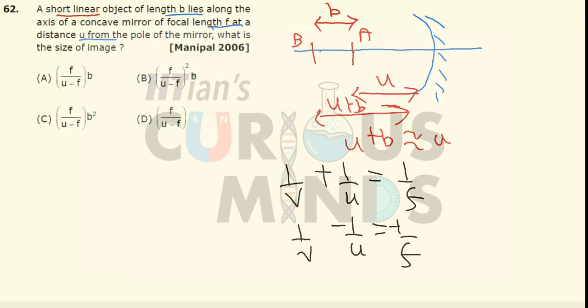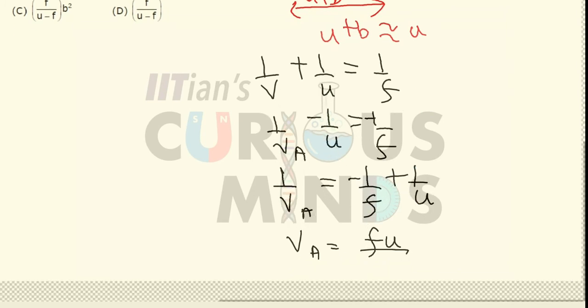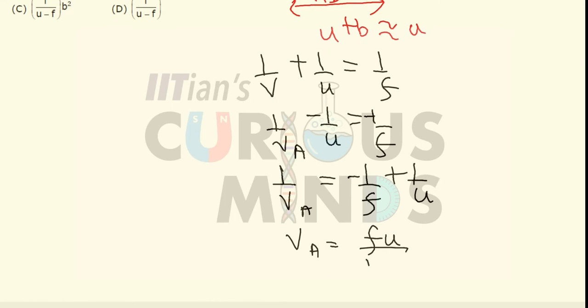So v for the image of a will be equal to minus 1 by f plus 1 by u, which on simplifying gives va equal to f into u divided by f minus u. Let this be equation number 1.